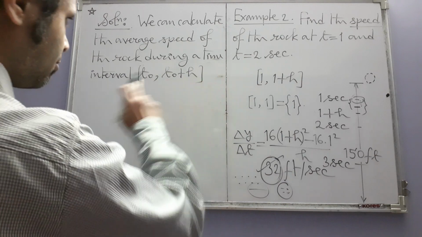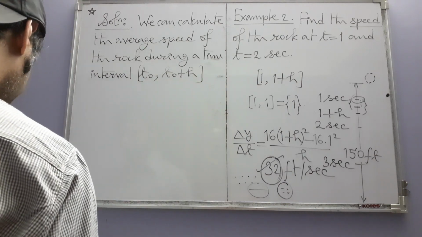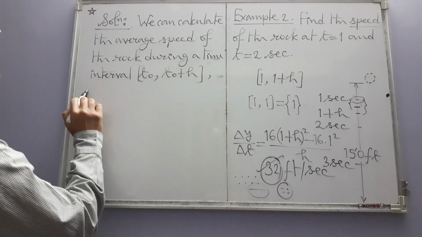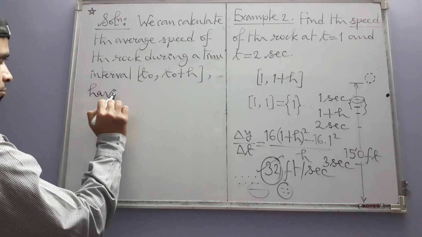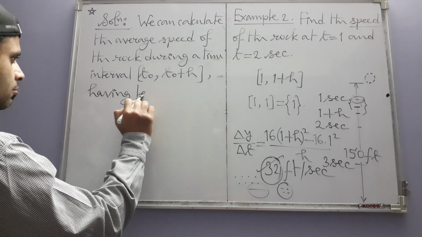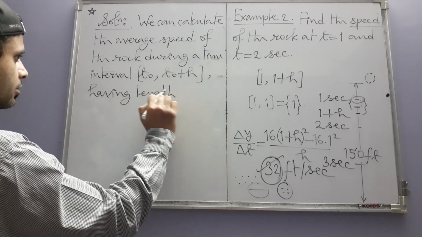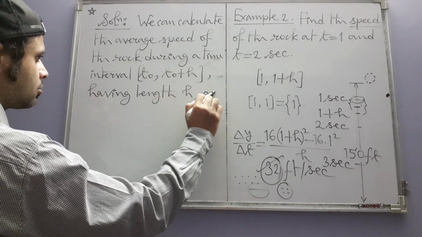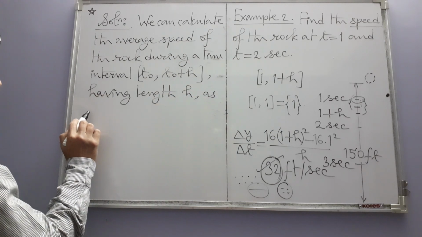Here in place of 1 we have general t naught, having length h, as this.